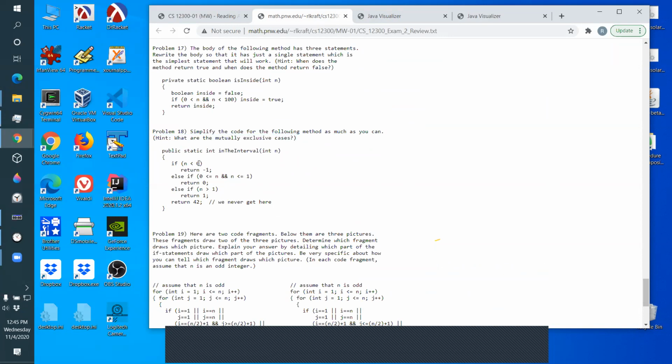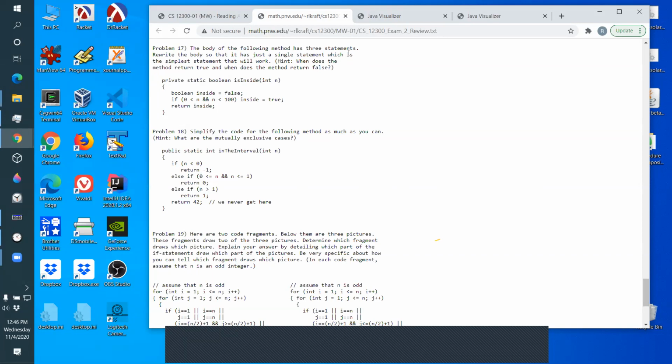So every integer is going to fall into one of these three cases. So these are the three mutually exclusive cases. This thing never gets executed. So we can drop that line of code after we rewrite it. Okay. So the three cases are the negative numbers, the numbers strictly greater than 1, and 0 and 1.